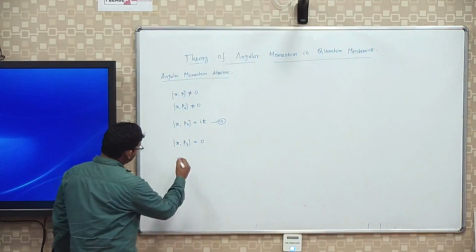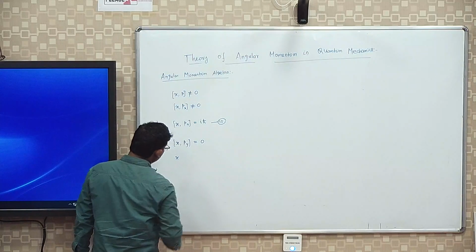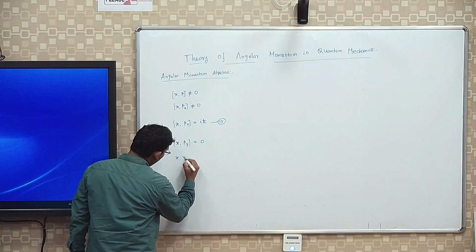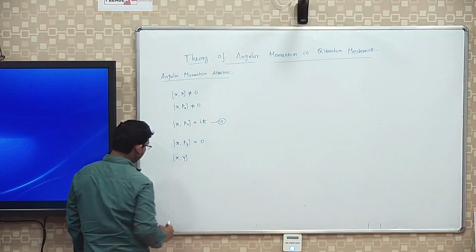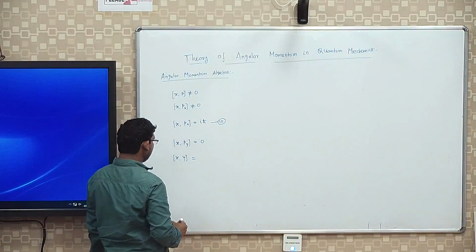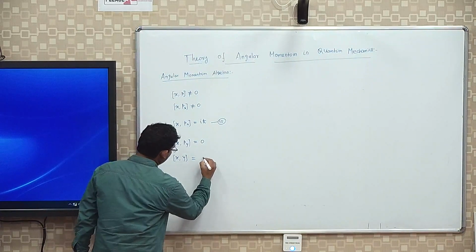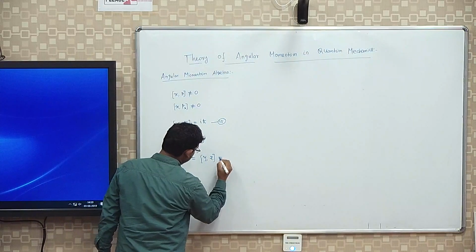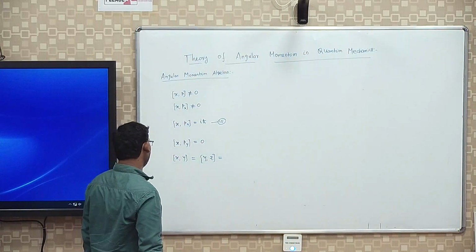Similarly, the commutator of the position of the particle in x direction and y direction is equal to zero.